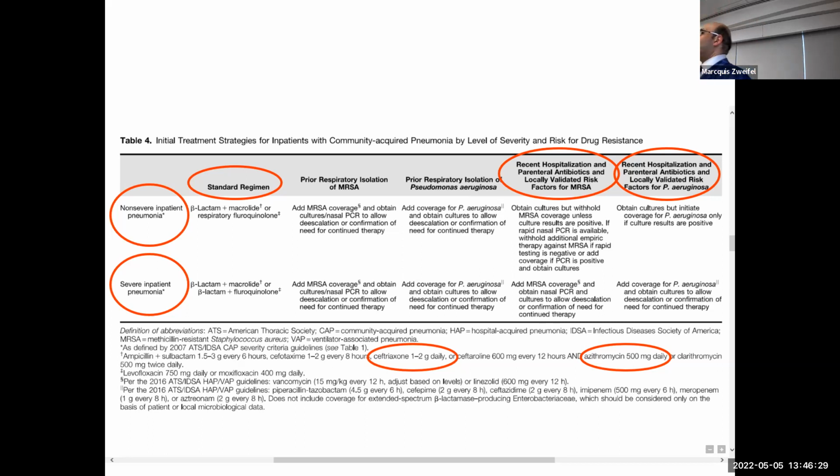So if you are in the ICU or you have severe pneumonia, let's say the proper word, severe pneumonia, never treat with one antibiotic. If you have any option for severe pneumonia with one antibiotic, this is wrong. You have to have two. So beta-lactam, the most common we use is ceftriaxone or unasyn, plus either macrolide or quinolone.